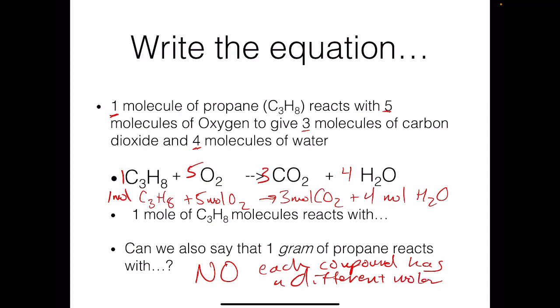So looking at O2, for example, we know that the molar mass of O2 is 32 grams per mole. Each oxygen is 16, and if we have 2 of them, that gives us a total of 32. We know water. We know that hydrogen is 1.01 times 2, and oxygen is 16 times 1, and this gives us a total of 18.02.